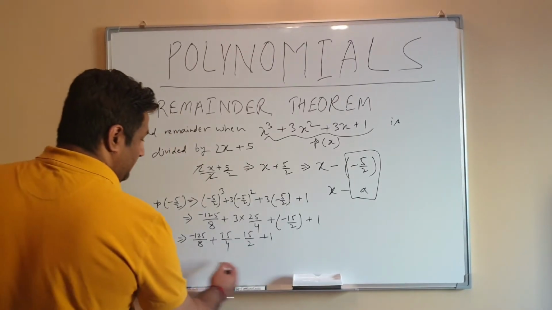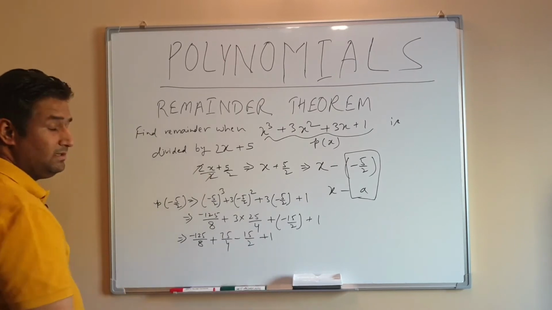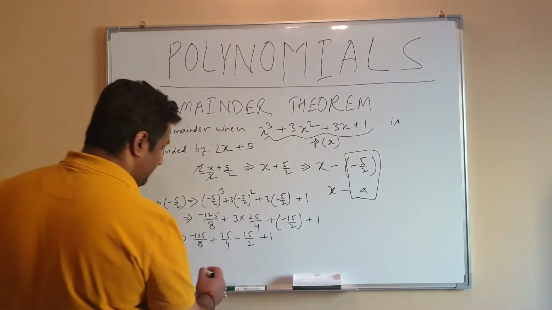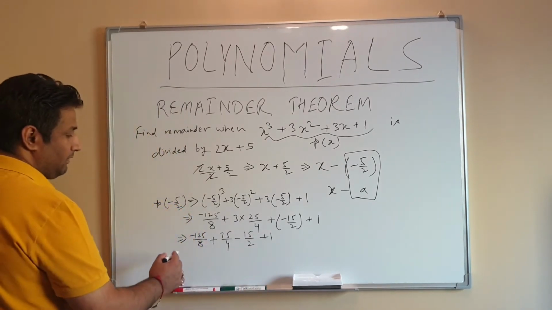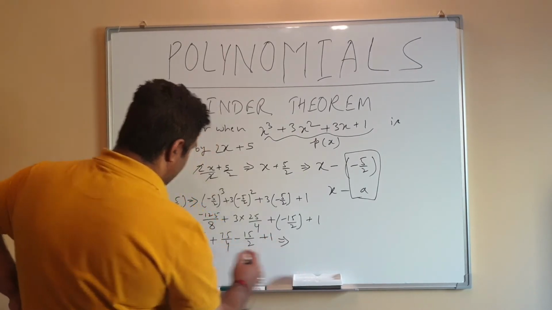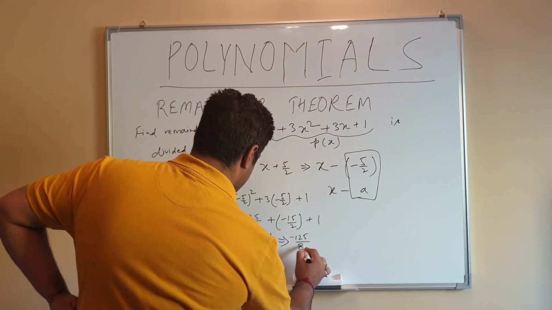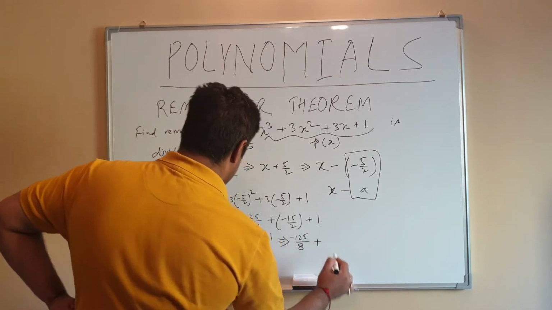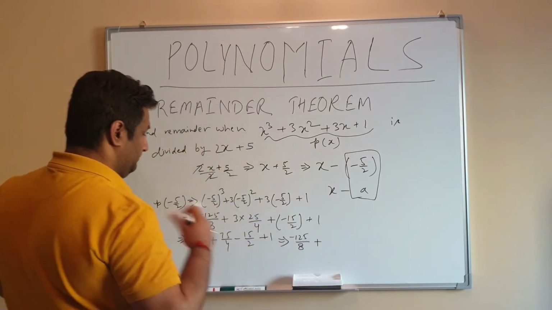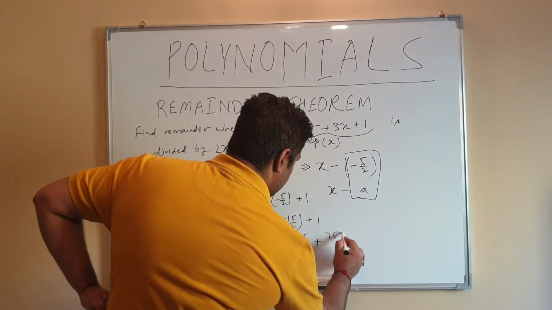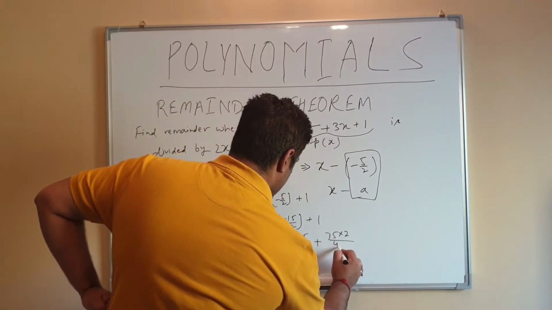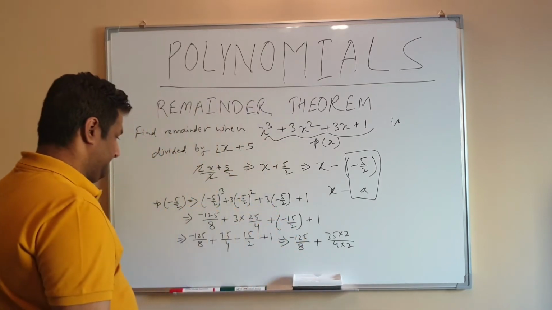So basically if you see here, the LCM out here is going to be obviously 8, correct? So LCM is 8, that means we have to multiply this term by 2 to make it 8, right?